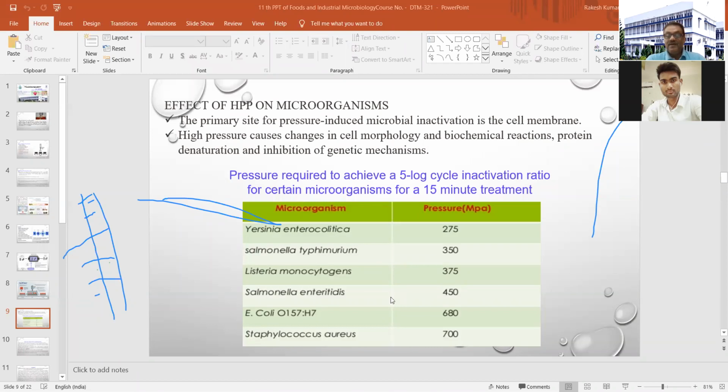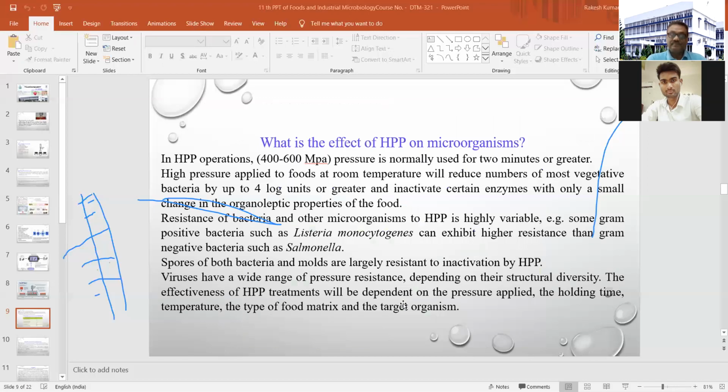So the pressure requirement for different microorganisms is different, and you have to select a particular pressure depending upon the condition your food items have received during harvesting or collection or procurement or transportation or handling at your factory premises.